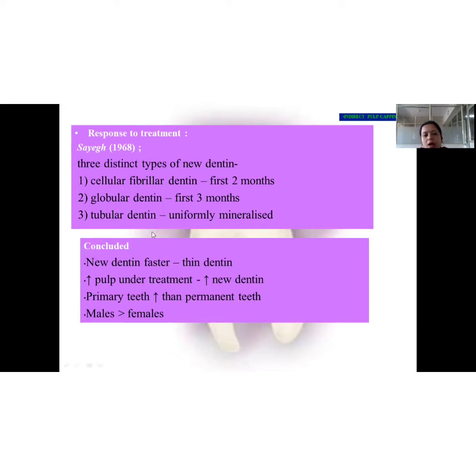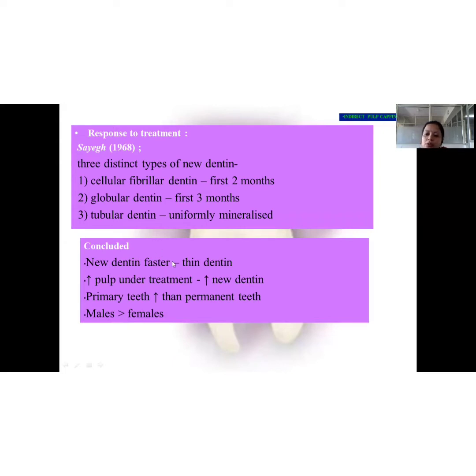Now, what is the response? When we leave the affected dentin and place a biocompatible material over it, three distinct types of new dentin formation are seen: cellular fibrillar dentin in the first 2 months, then globular dentin in the first 3 months of treatment, and tubular dentin, which is uniformly mineralized.